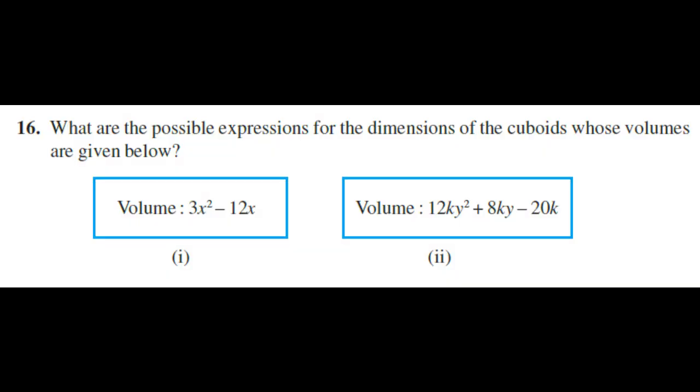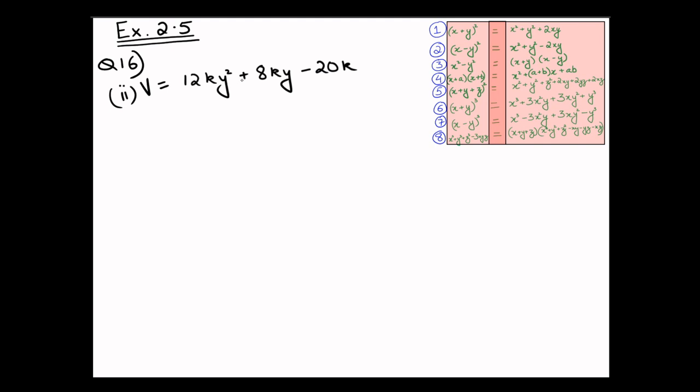For the second part, we're given the volume equation to be 12ky square plus 8ky minus 20k. Now we need to factorize this in such a way that we get three different factors.